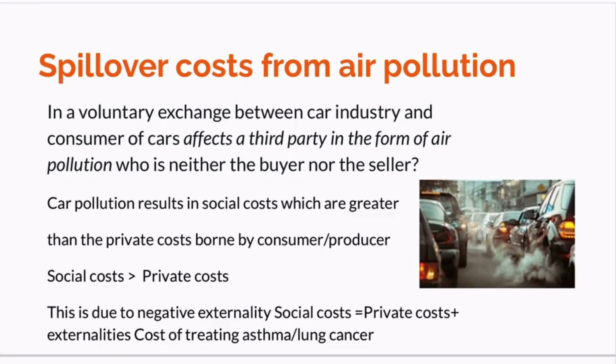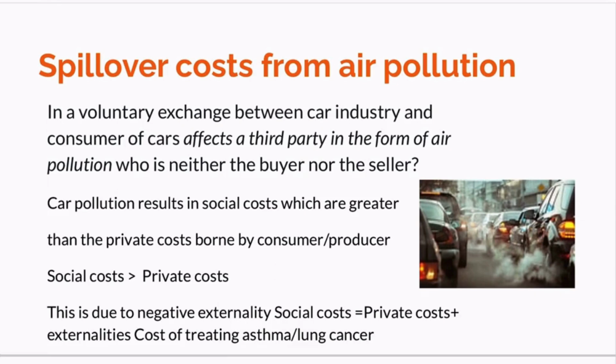If they are not regulated, in the sense that if they don't pay for the pollution, then the price at which the industry is selling the car to the consumer, we can call it a private cost, right? But you know that when there is a sale of a car to a consumer, the car is going to pollute, and this pollution is going to impact the third party, not the consumer, not the producer. What could be the impact?